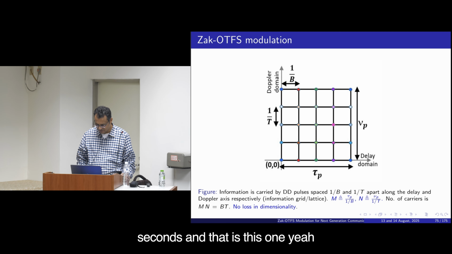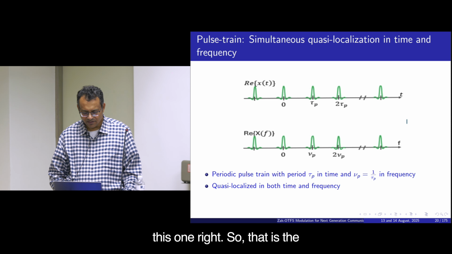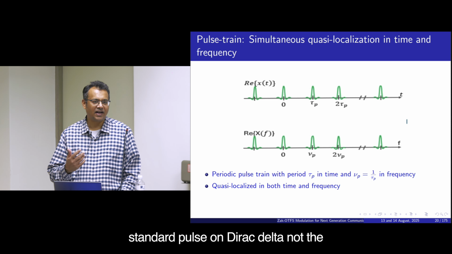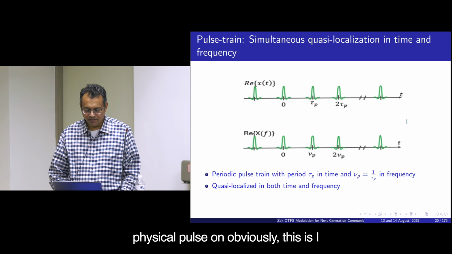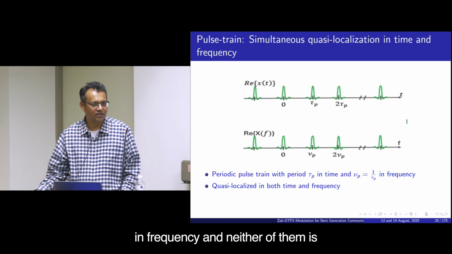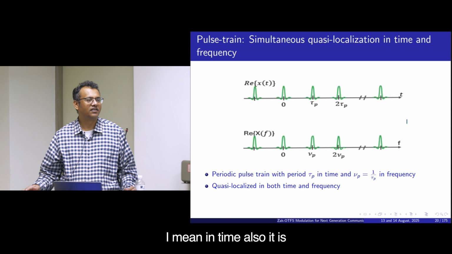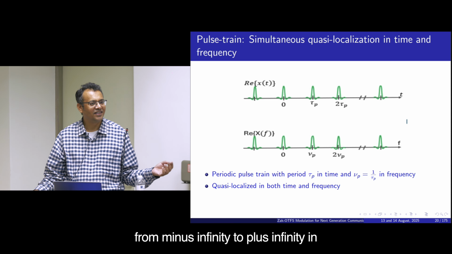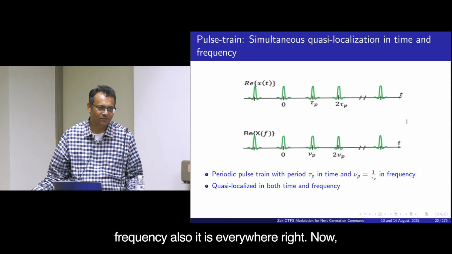That's this one, right? So that's the standard pulse, the Dirac delta, not the physical pulse. If you take the Fourier transform, that also is a pulse train in frequency. In time it is from minus infinity to plus infinity, and in frequency also, it's everywhere, right?